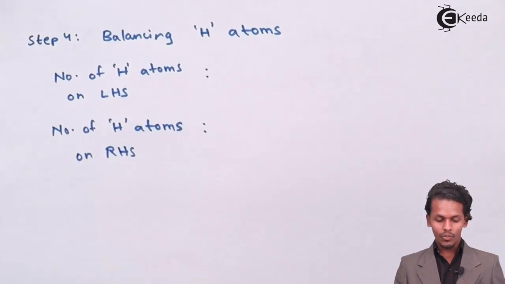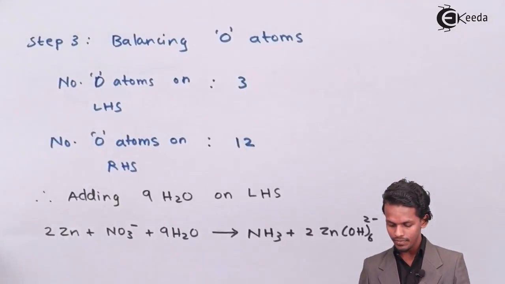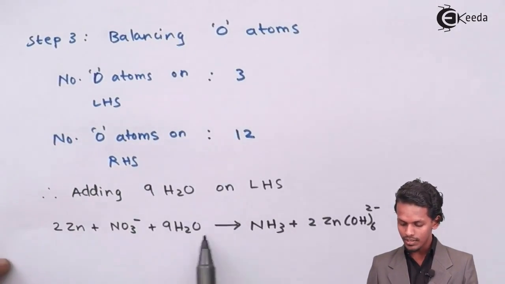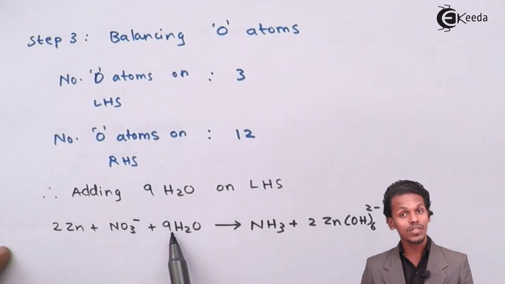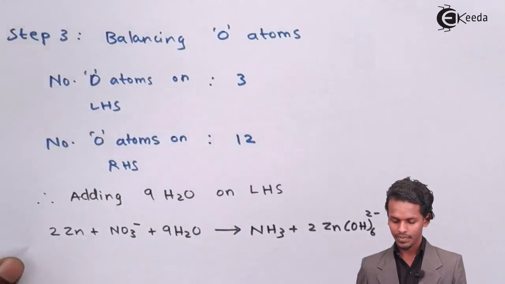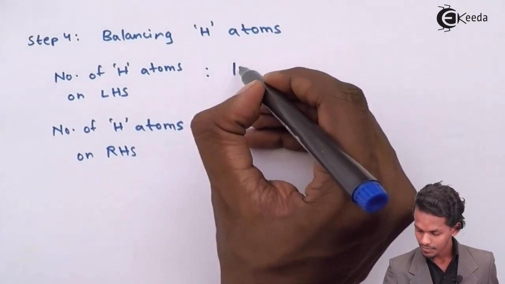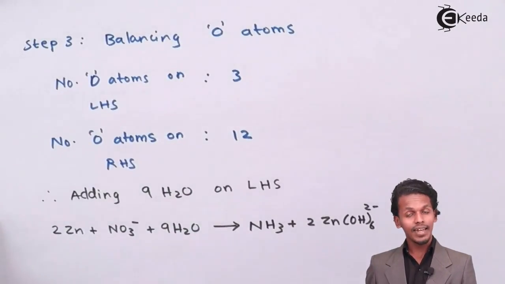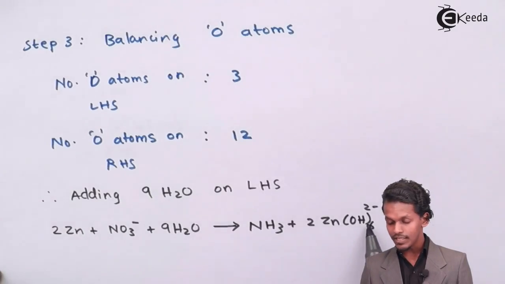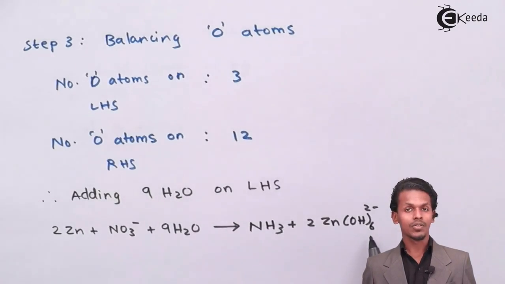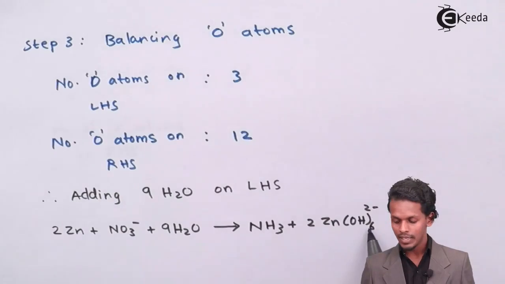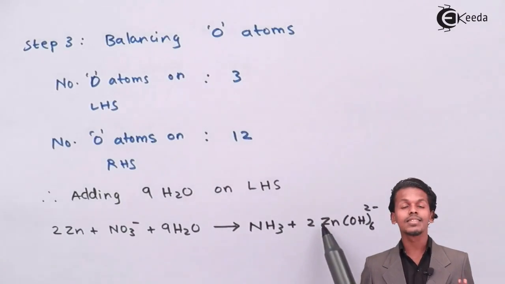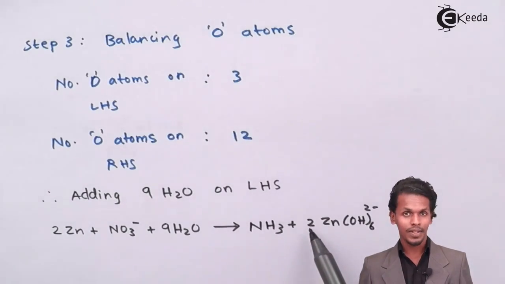So if we calculate for step number 3, then the number of hydrogens on the left hand side is 9 times 2, which is 18. In case of the right hand side we can see there are 6 hydroxy groups, so there will be 6 hydrogens, but this is for 2 moles now.